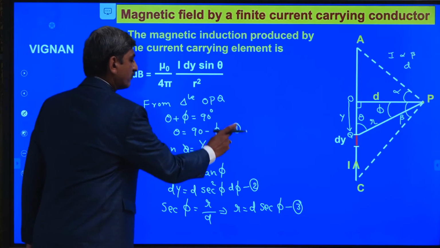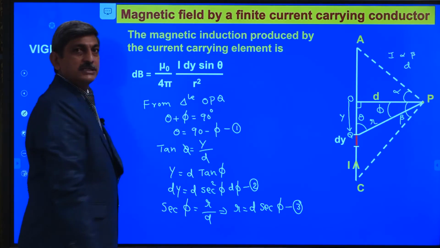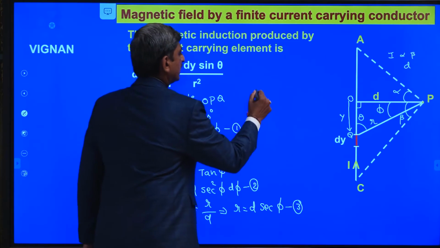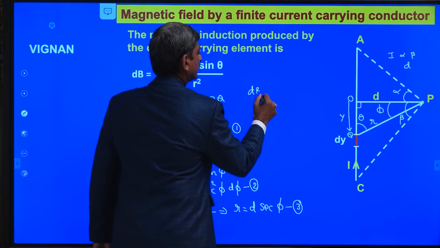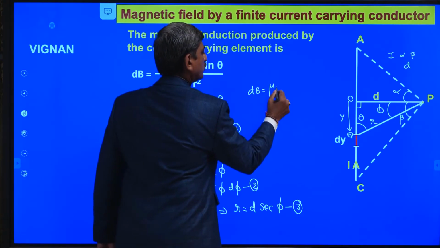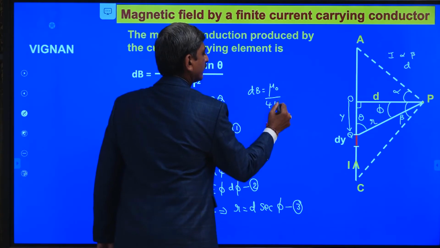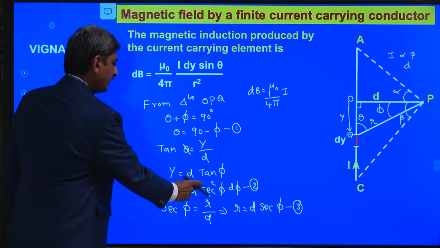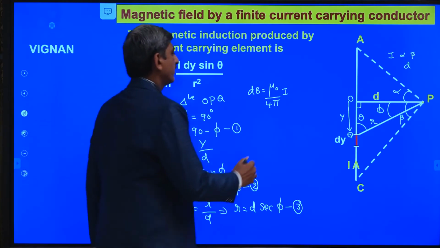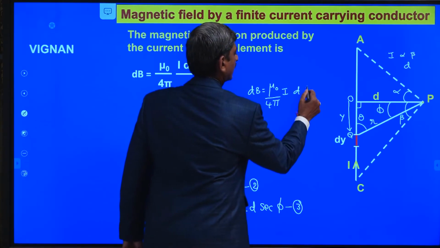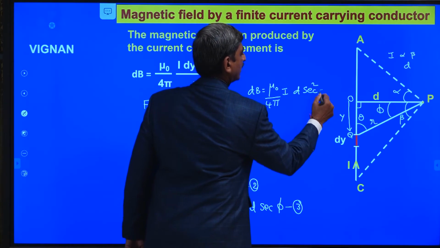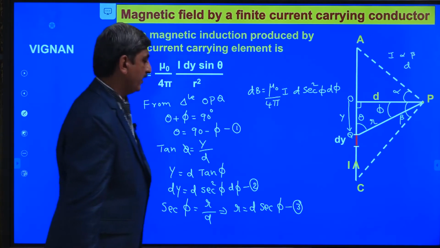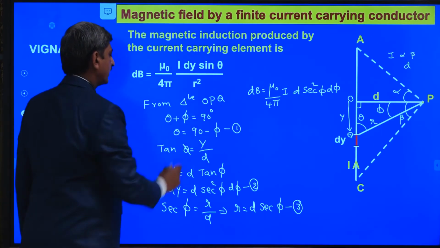Substitute these equations 1, 2, 3 in the equation of dB, we get it as dB is equal to mu naught by 4 pi I. What is the dy? dy is equal to d secant square phi d phi. And what is sin theta?